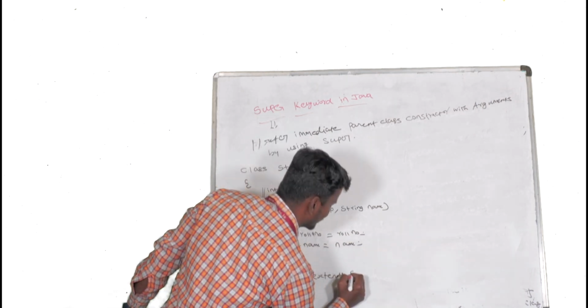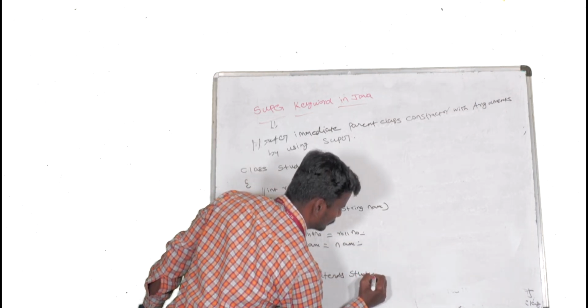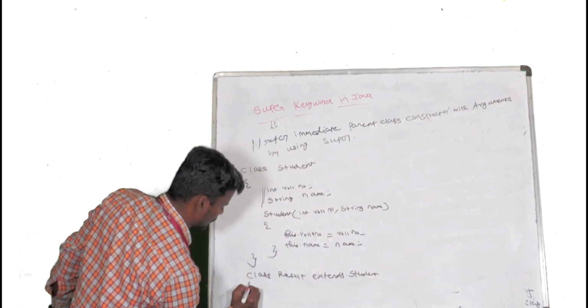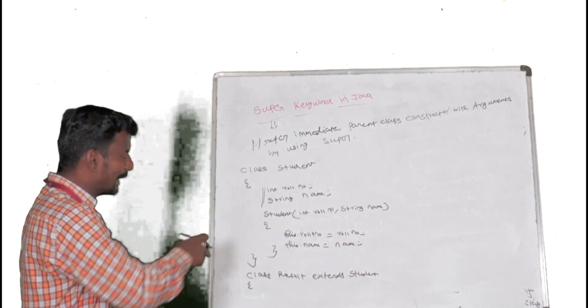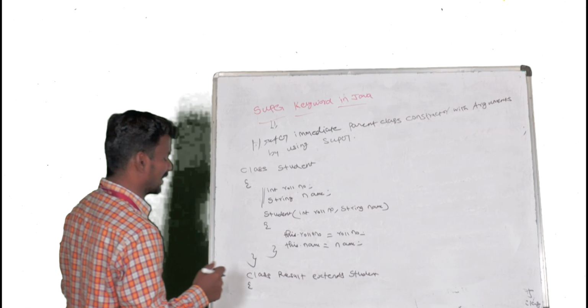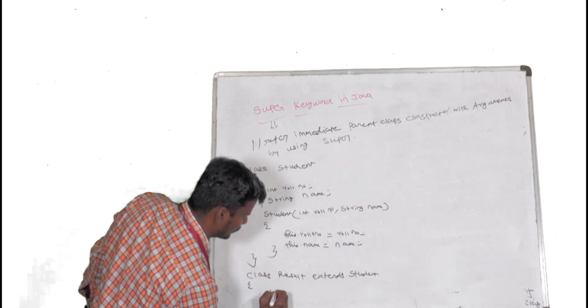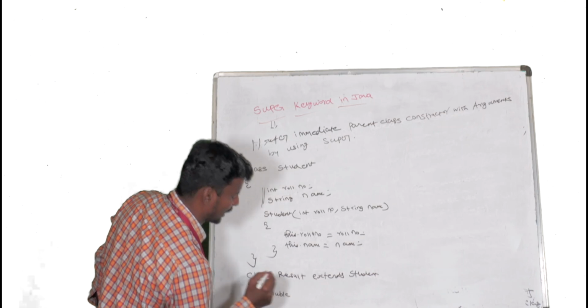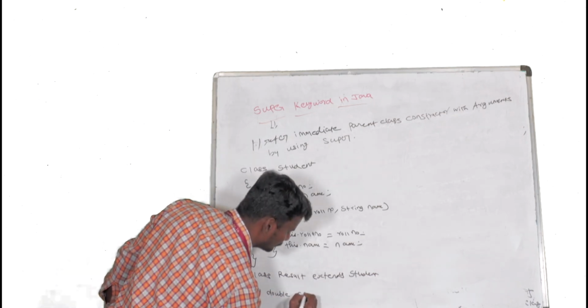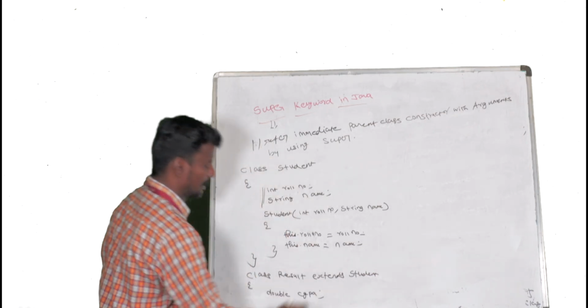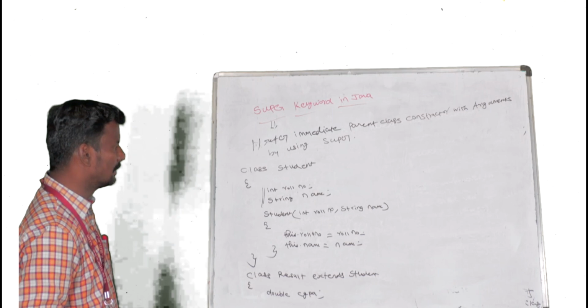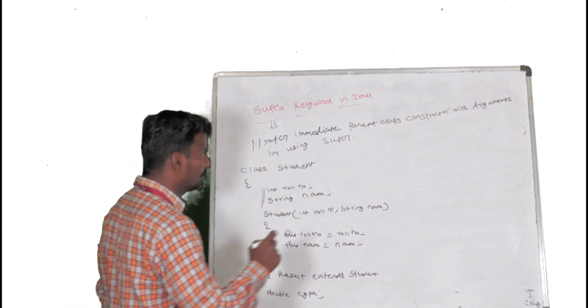The parent class name is Student. In this derived class, I declare one more instance variable, CGPA, of data type double.